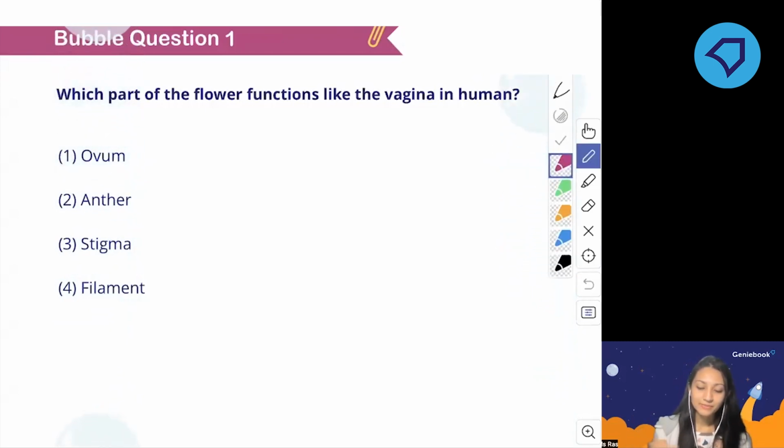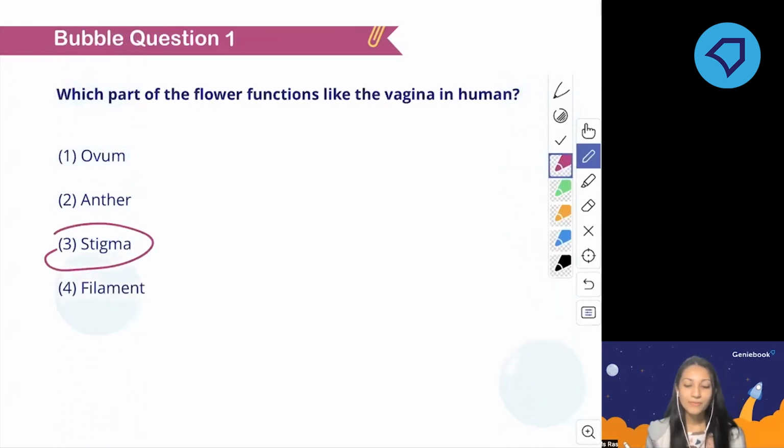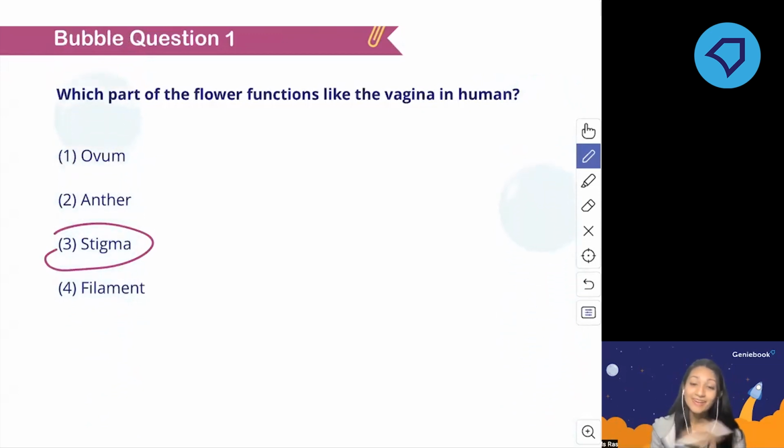Why is the answer number 3? If you remember, what is the stigma used for? It is where the pollen grains get deposited, where the male reproductive cells get transferred to, correct? The same goes for the vagina. The vagina is where the male cells, which are the sperm cells, get deposited.